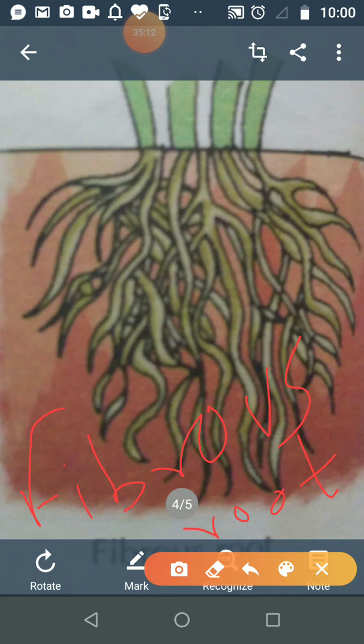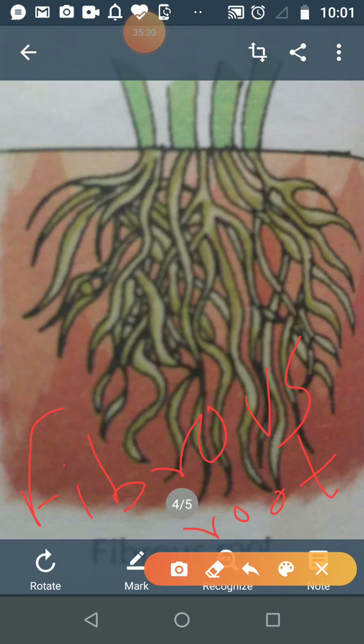Or you can also say that in some plants extra food is stored in the tap root, for example carrot, radish, beetroot. And you know in which form food is stored? Food is stored in the form of carbohydrates like sugar and starch. Is it clear?